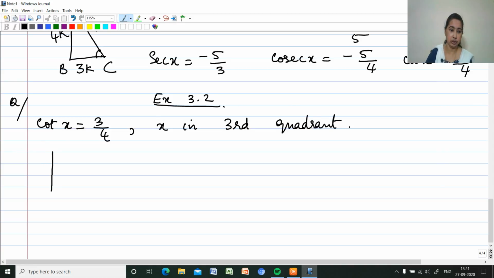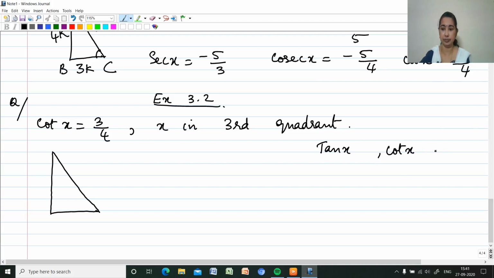So, we can draw the right angle triangle. Third quadrant means all silver teacups. So, tan x and cot x will be positive. And here we can mark it as A, B, C.